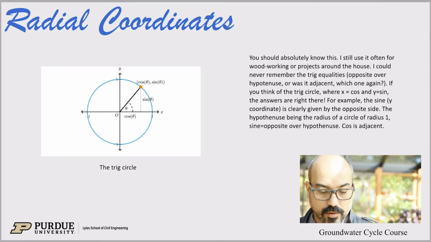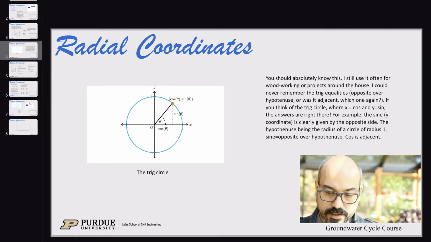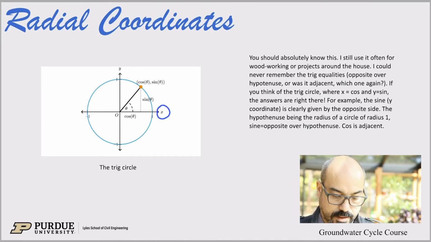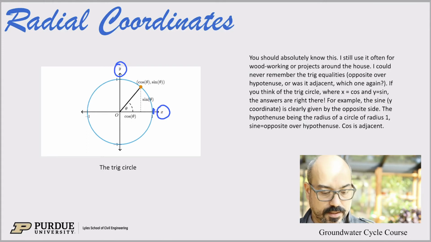So let's do that. Oh, first, let's take a look at the trig circle, I call it, right? So if you have an x and a y, you take a circle of diameter 1, and then the cosine is the x-axis and the sine is the y-axis, okay?